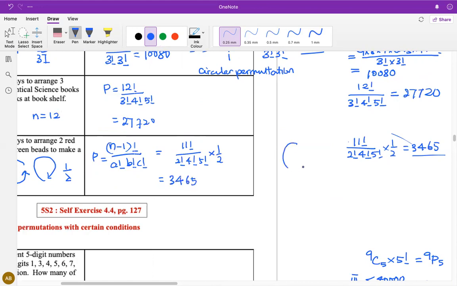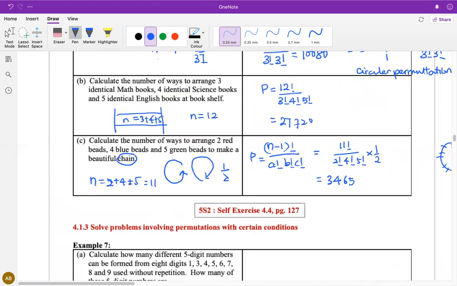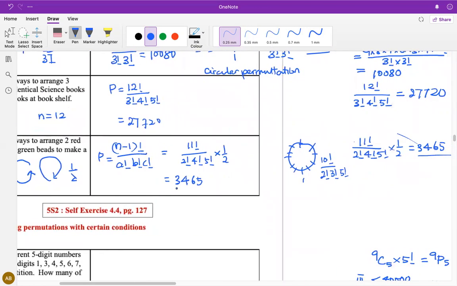Okay, so in circle, remember, we fix 1. There are 1, 2, 3, 4, 5, 6, 7, 8, 9, 10. So there are 10 factorial. Then you divide by 2 identical, 4 identical, and 5 identical, right? Sorry.